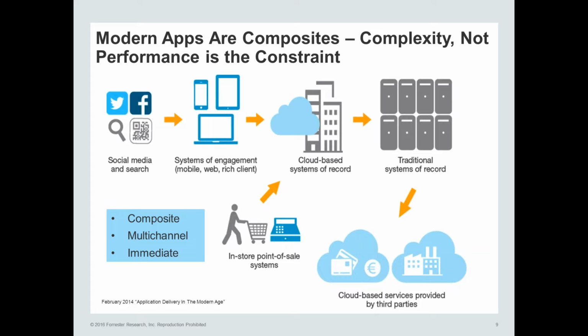We have an immense growth in social media and particularly mobile engagement, which means that these applications are composite, multi-channel, and they increasingly require immediate feedback. I mean, we've all experienced a website not responding, and collectively we have the attention span of a gerbil. If it doesn't respond in a few seconds, you go somewhere else.